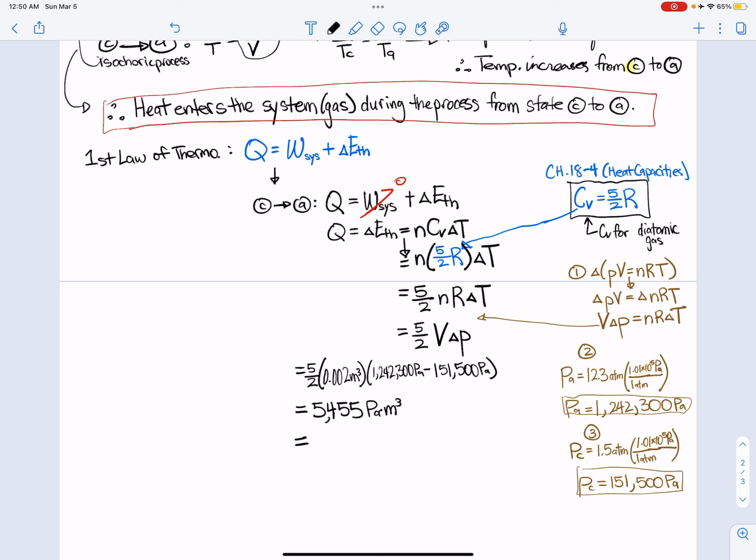Therefore, my answer is that the heat entering the system from state C to state A is equal to 5,454 joules. I'm going to do that in red. So that is my answer for part B.